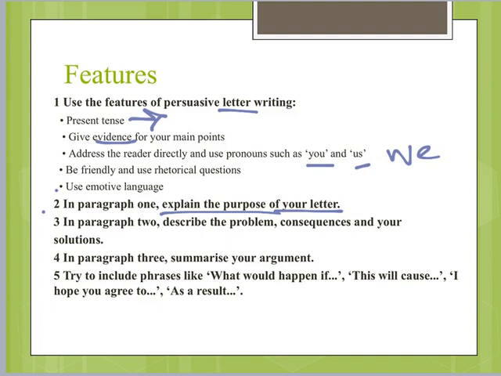In paragraph 2, describe the problem, consequences, and your solutions. What's the problem? That you're banned from the break. Consequences: you will have too much energy, for example, that you would like to get out of your body. We all know that we have energy. If it's very excessive inside our bodies, of course we need to get rid of it so we can sit calm at the end.